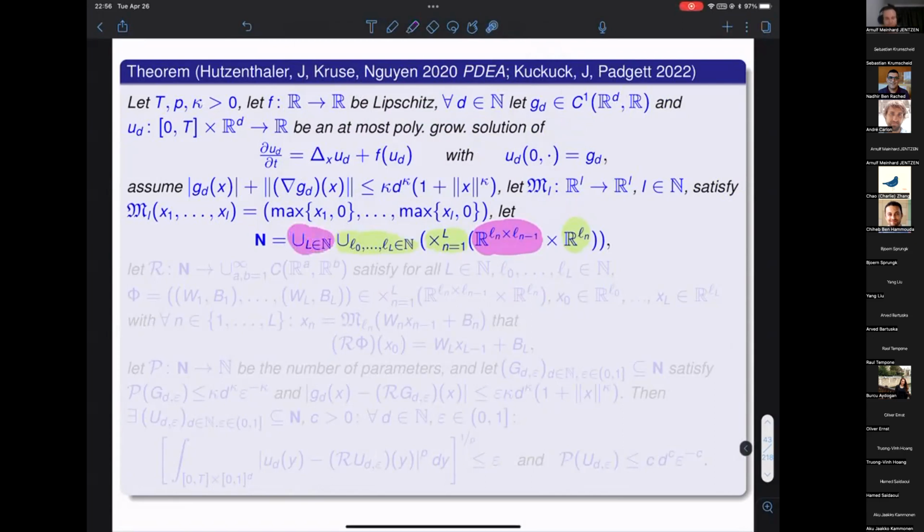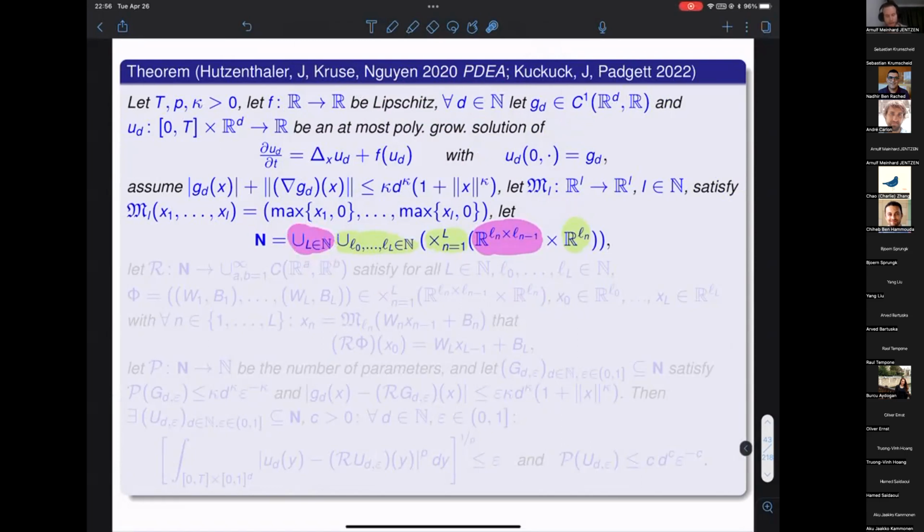In the previous figure and also in the numeric simulation, there was L equal to 3. We had 3 affine linear transformations and 2 hidden layers between, and 4 layers overall. And here it can be an arbitrary natural number, which is also crucially needed in the statement of the proof.